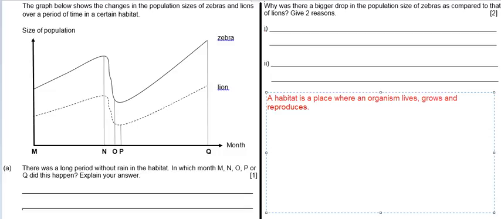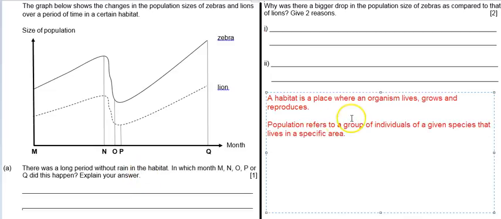Now it talks about population, right? So what is a population? We know that population refers to a group of individuals of a given species that lives in a specific area. So here you have two populations. One is a population of zebras and the other is a population of lions.